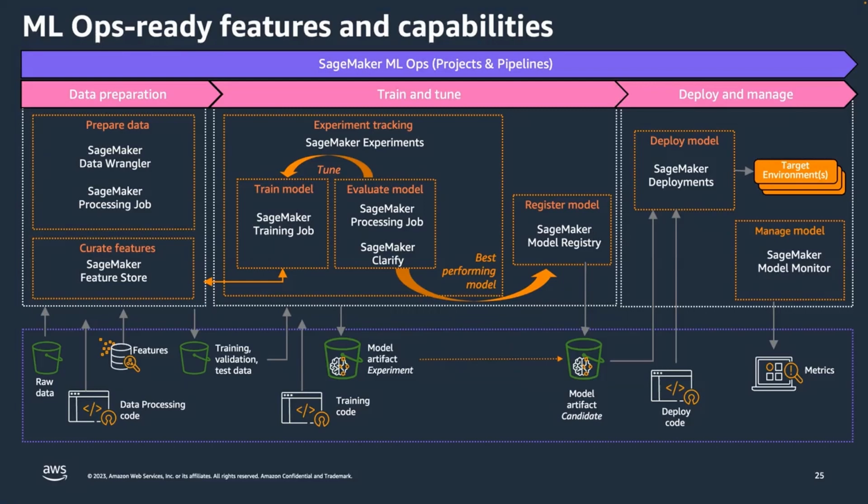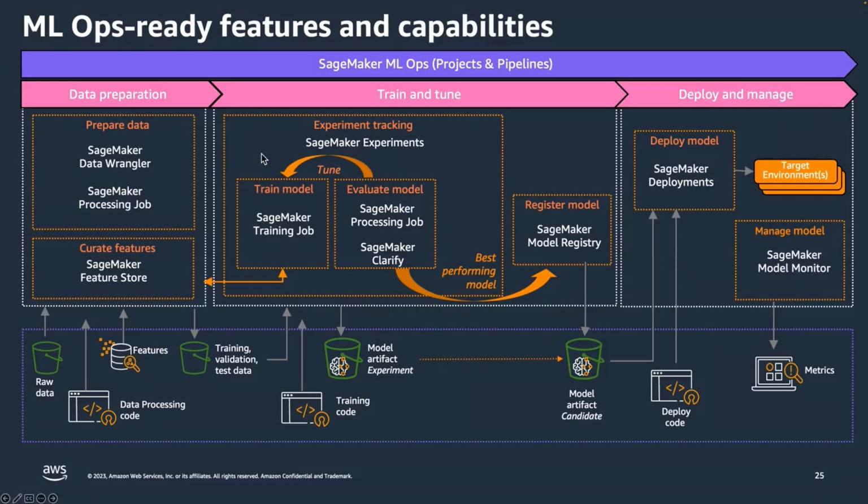And then you can evaluate your model using SageMaker processing jobs or SageMaker transform jobs for batch processing. In here, you can use SageMaker Clarify, which is a tool that will let you know model bias and will let you explain the predictions of your models.